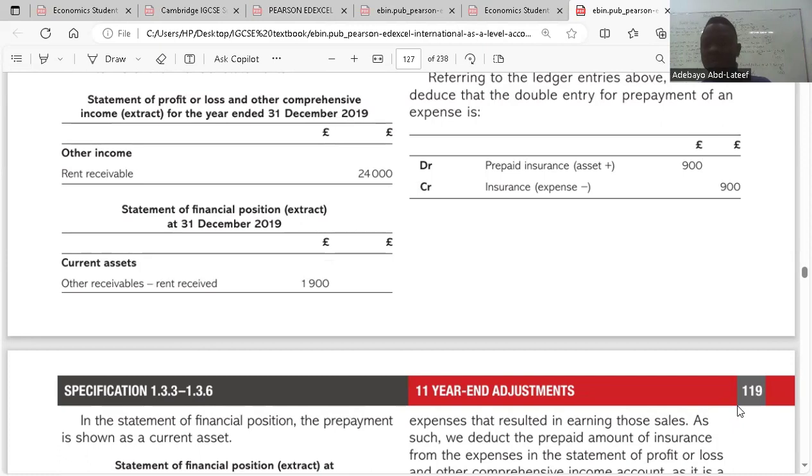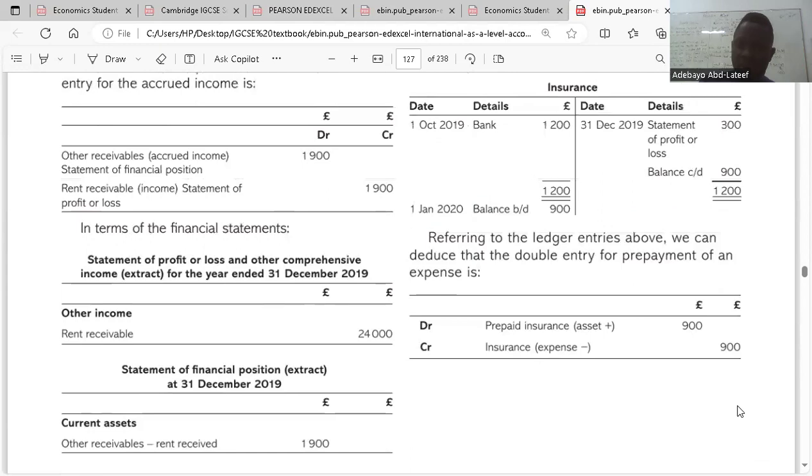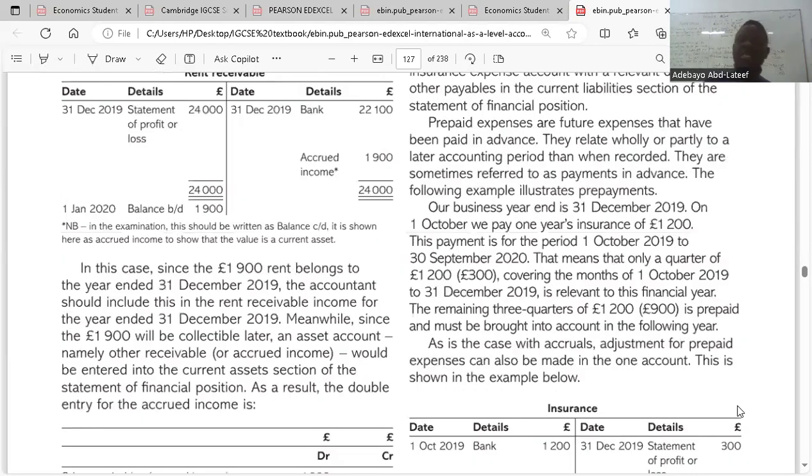For prepaid income, it means our customer has paid us for a service or a product that he or she has not yet received. That means it's a current liability.